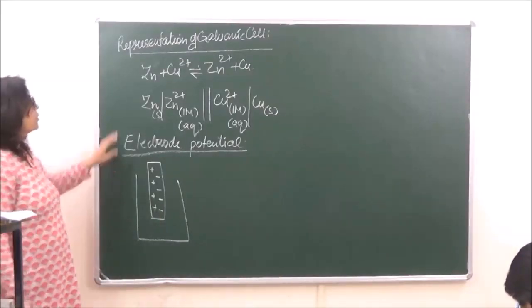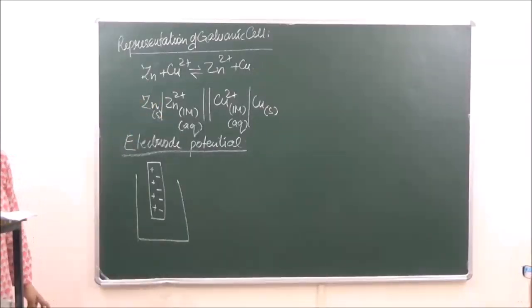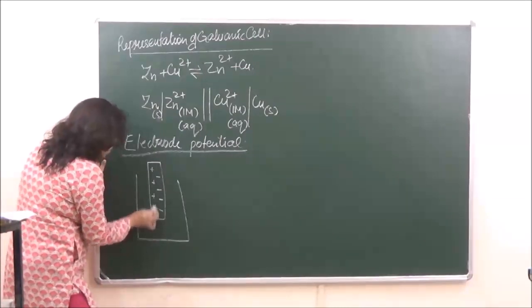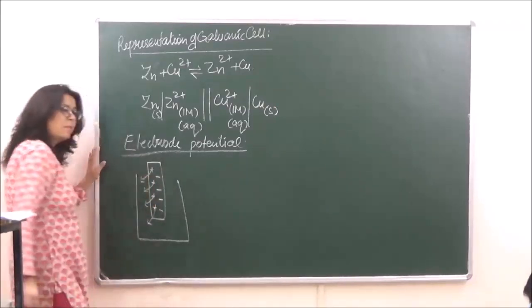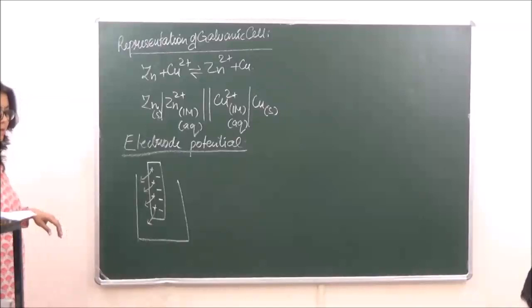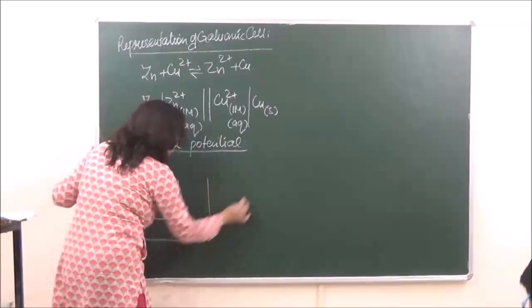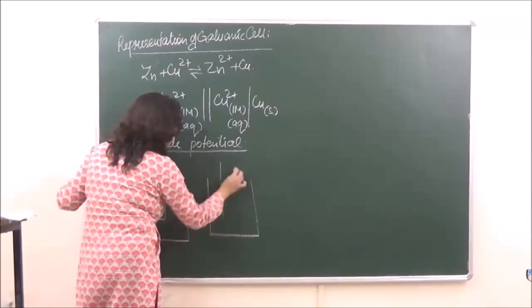What is zinc doing over here? Zinc is losing electrons to go into Zn2+ state. Right? So we can say that the positive charge is moving out from the zinc plate. Okay, now if the positive charge is moving out of the zinc plate, then what is going to happen over here?